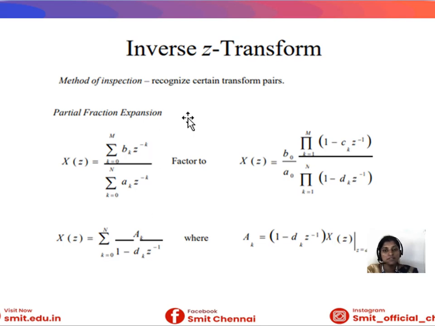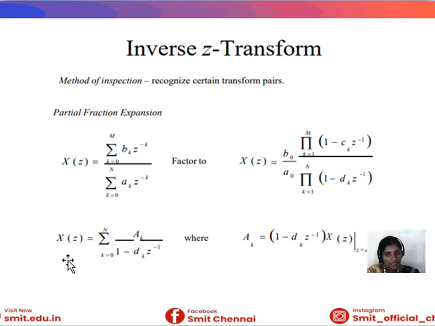This is inverse z transform. Here we are having partial fraction expansion. X of z equal to summation k equal to 0 to m b k z power minus k over summation k equal to 0 to n a k z power minus k. This is the partial fraction method.